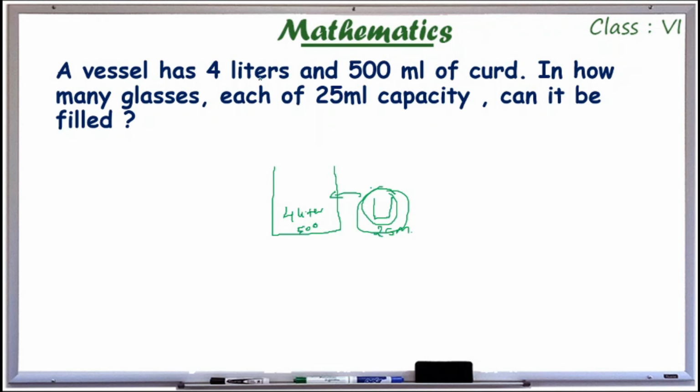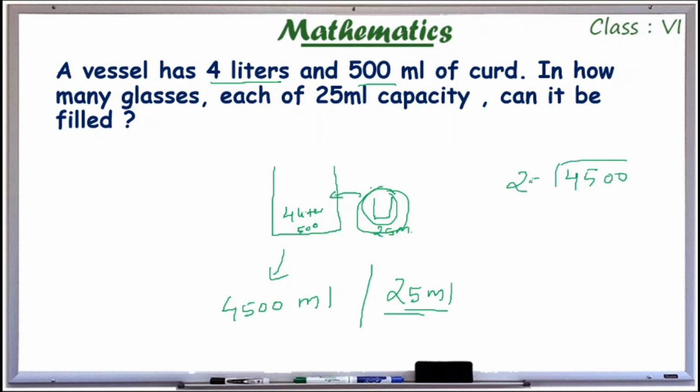For that I have to convert 4 liter. 1 liter is equal to 1000 milliliter. So 4 liter I get 4000 milliliter plus 500. So in total we have 4500 milliliter, and we have a 25 milliliter small glass. So I have to divide 4500 by 25.